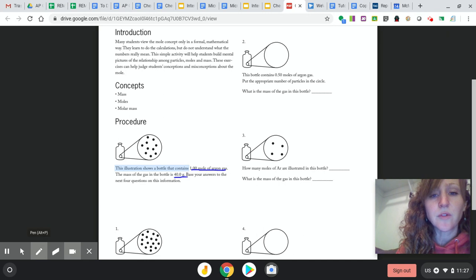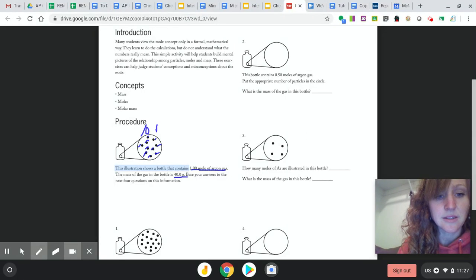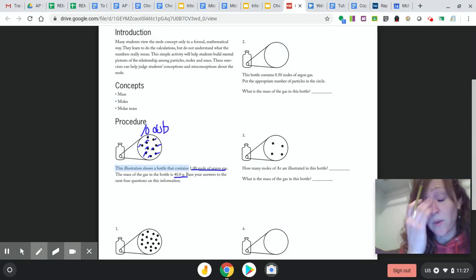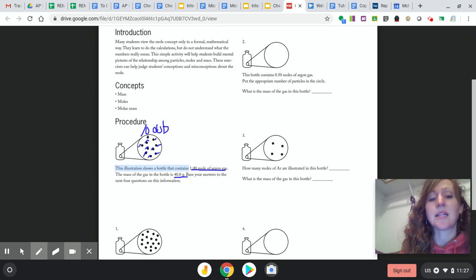So what we can do from this is we can say, okay, how many of these dots correspond to the 1 mole of argon or the 40 grams? And so I'm just going to count them. 1, 2, 3, 4, 5, 6, 7, 8, 9, 10. 10 dots. Okay, so what this actually does is it gives me these 3 different quantities that are all equivalent.